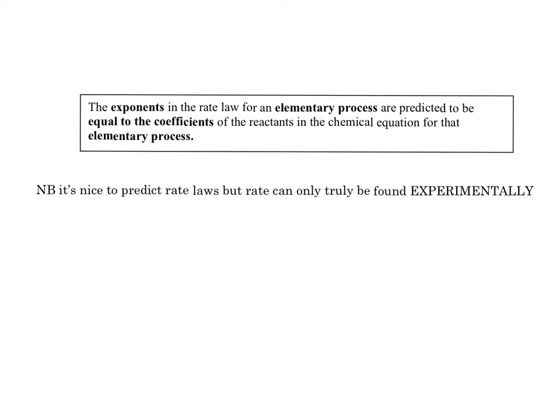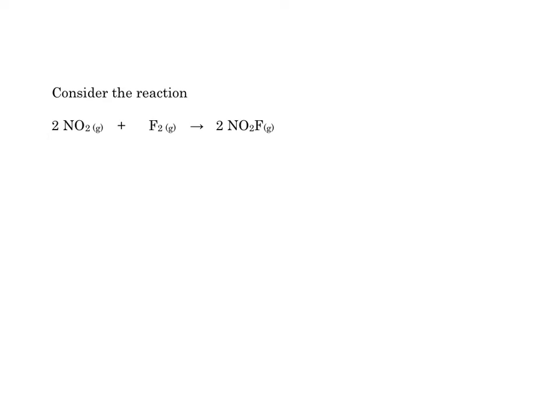So it's nice to be able to predict rate laws, but really we should do experiments and find the rate laws like we just looked at. Comparing trials and what happens to the rate when you change the concentration of one of your reactants. Okay, let's consider the following reaction. 2 molecules of nitrogen dioxide react with fluorine to produce 2 molecules of NO2F.